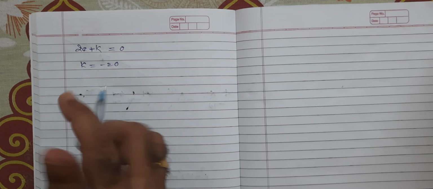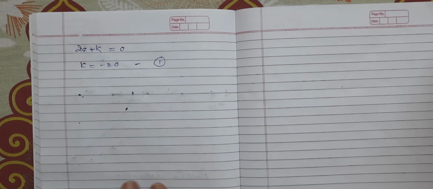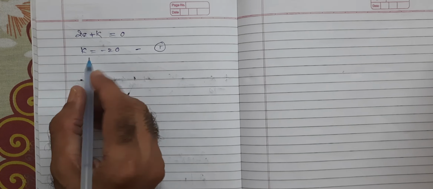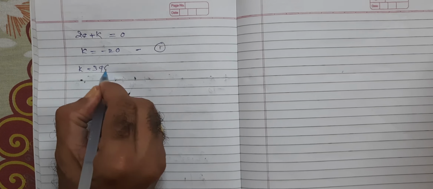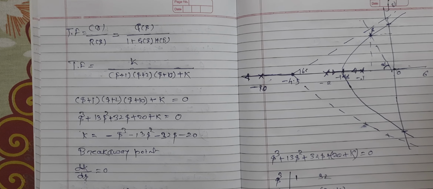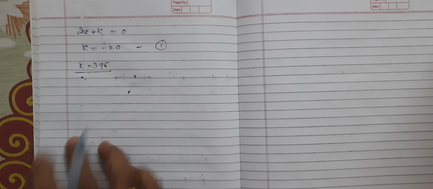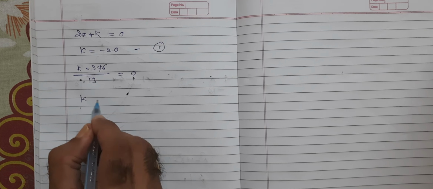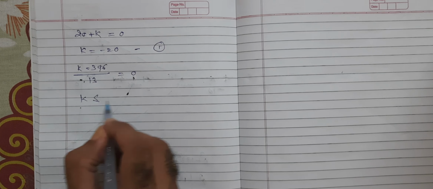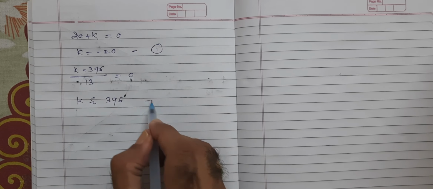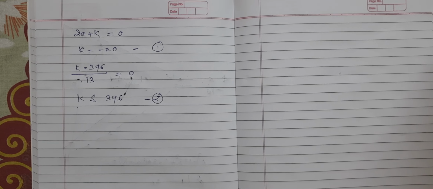Now this is the first condition, and the second one is 20 plus k minus 216. So this becomes k minus 396 divided by 13 equals 0. So that means k must be less than or equal to 396. These two values are there.